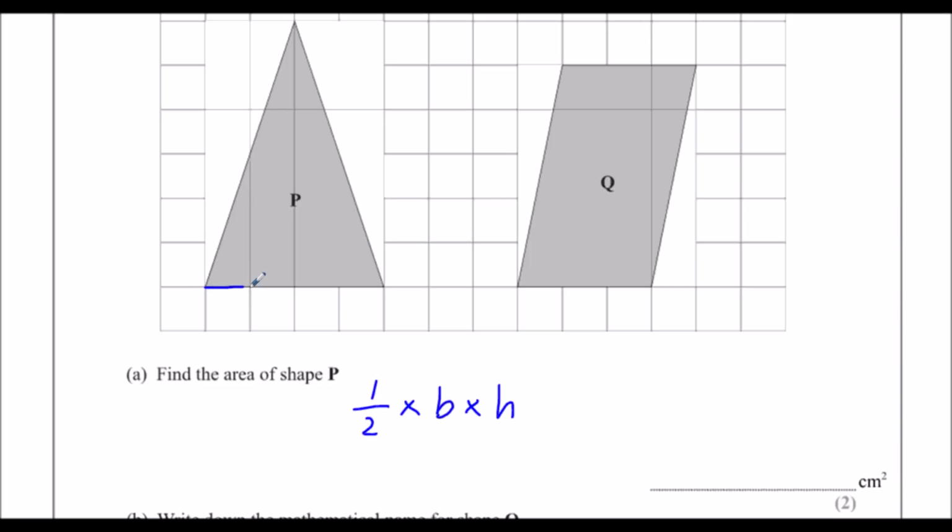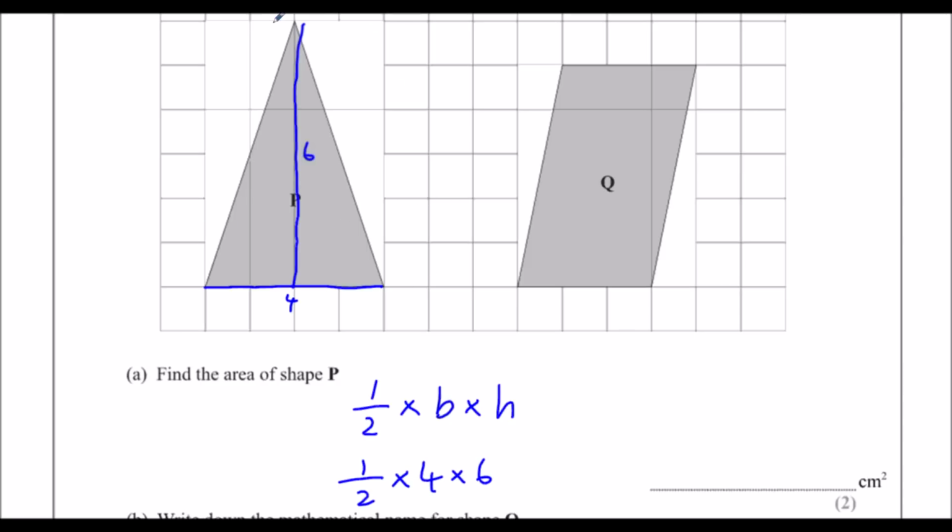So the base here is 1, 2, 3, 4, and the height is 1, 2, 3, 4, 5, 6. So it's half times 4 times 6.